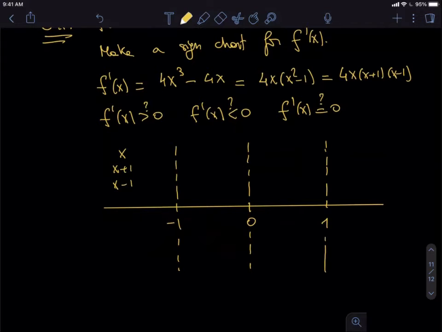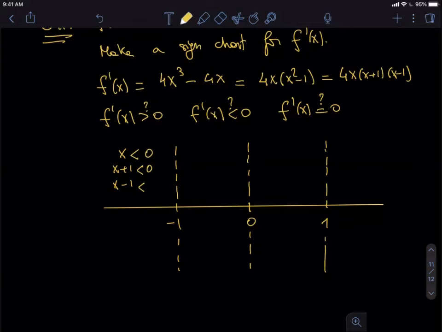So when I'm looking at these values that are less than -1, right, my x is, well, less than -1, so in particular it's negative. x plus 1, the largest it can be is when x equals -1, so this is going to be less than -1 plus 1, which is 0. So it's negative.